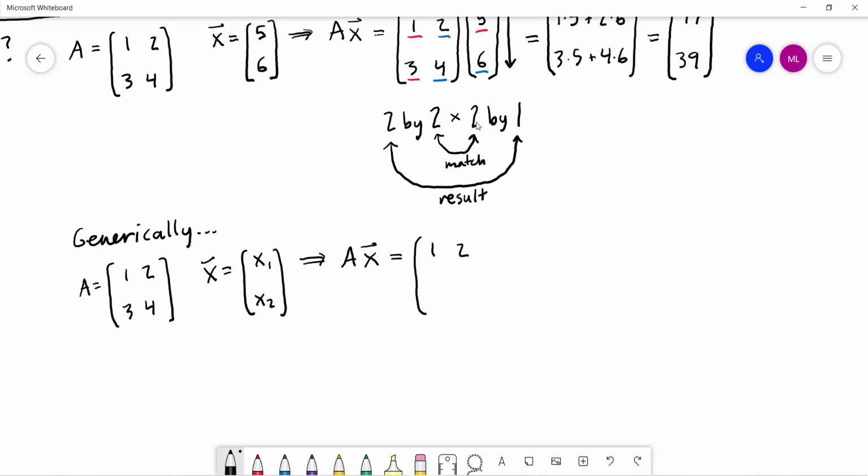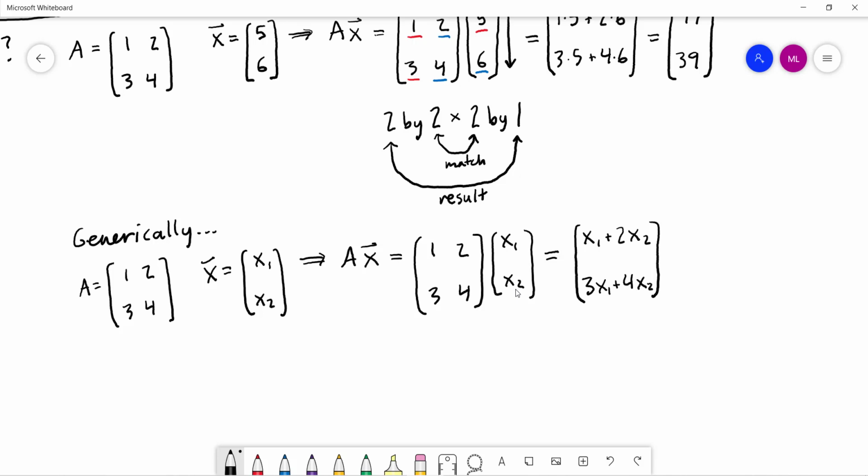Well, now that would be the matrix 1, 2, 3, 4 times the vector x1, x2. And again, I'm going to go across on the left, top to bottom here. So it'd be 1 times x1 plus 2 times x2. So I'd get x1 plus 2x2. That's the top entry. And then for the bottom entry, I'll get 3x1 plus 4x2.